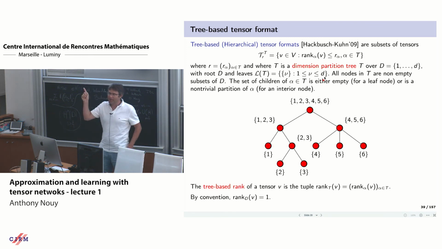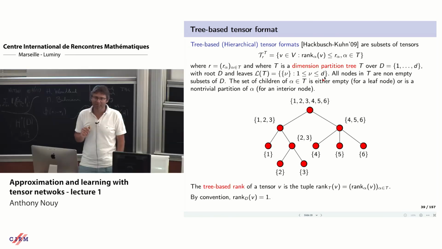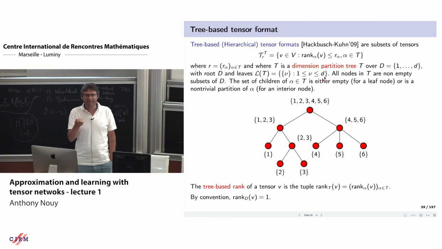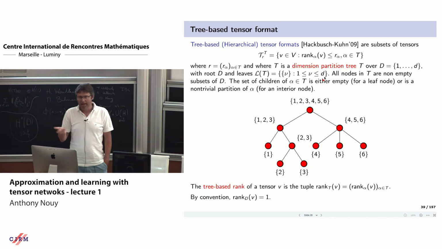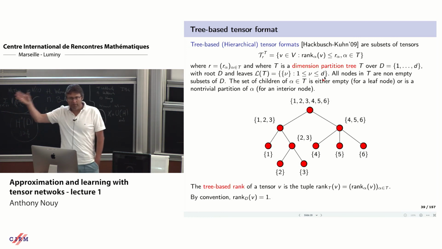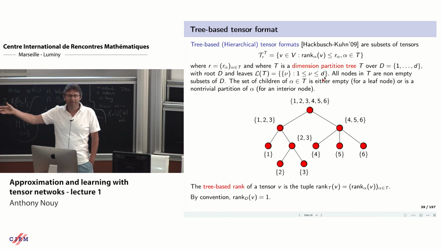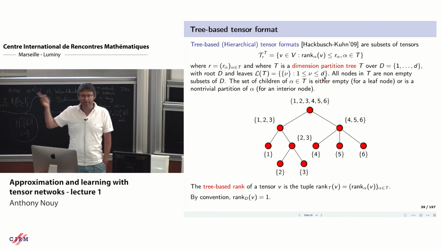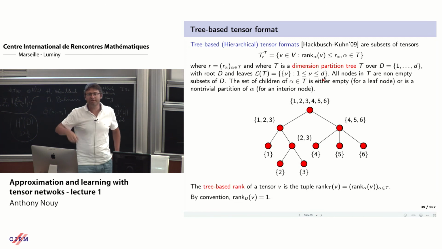This is a question that I will address in the approximation part, because we will have to ask what is the task I want to solve. In part 2 I will have some comparison between different trees. For example, if you have something given with this tree, can you encode it with another tree, in another format, and what can you say about the ranks in this different format? I will address this in part 2.